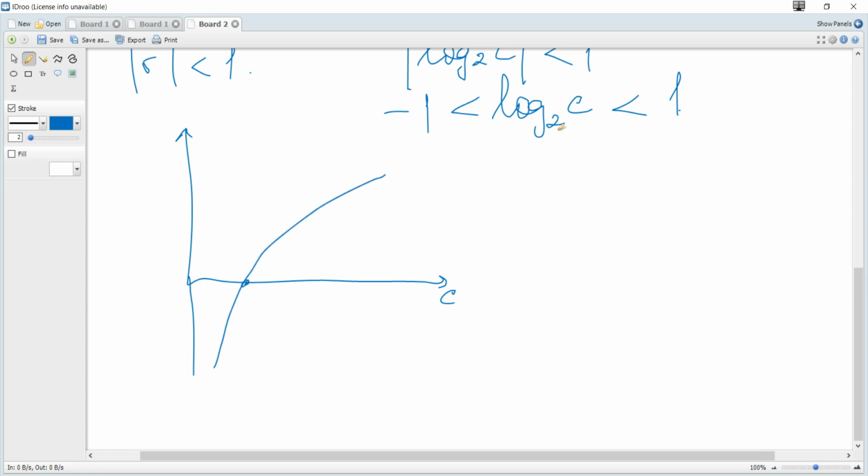When the base is greater than 1, log to the base 2 of x in general looks like this. When the base is from 0 to 1, it looks like this.